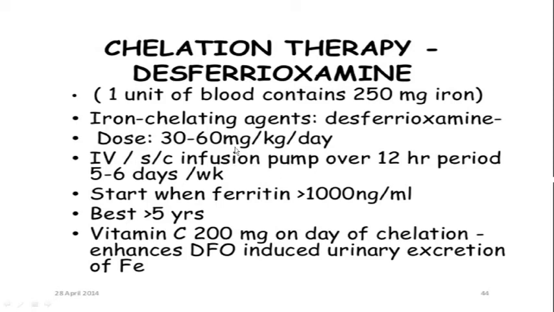It usually starts when the ferritin level is 1000, and mostly it is initiated after the child is 5 years of age. Vitamin C is given on the day of chelation to enhance desferrioxamine-induced urinary excretion of iron.